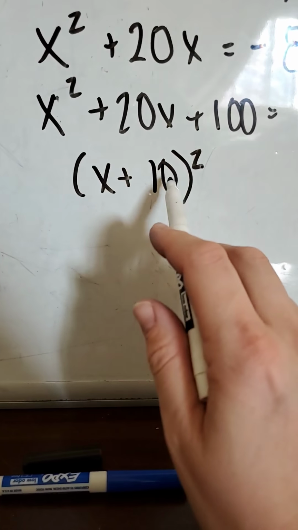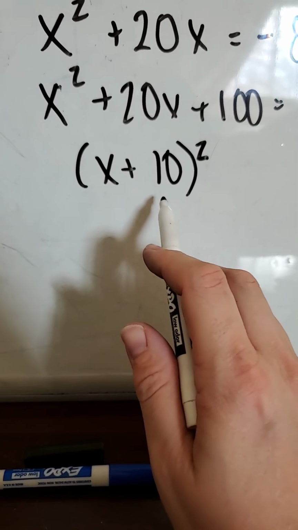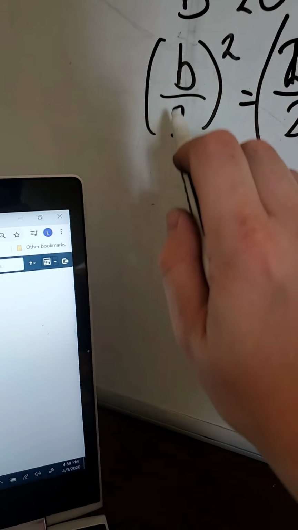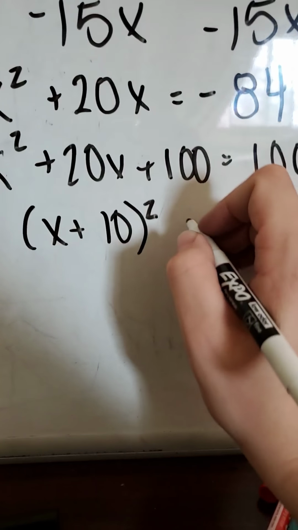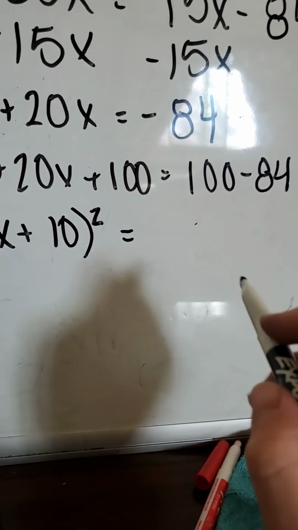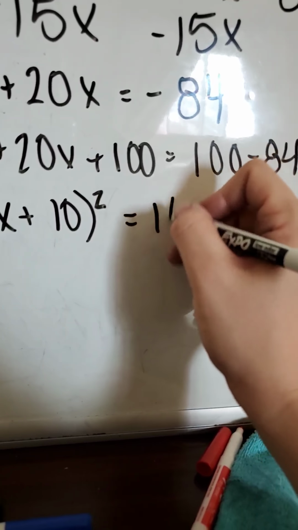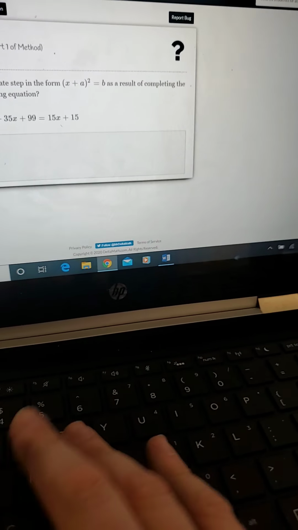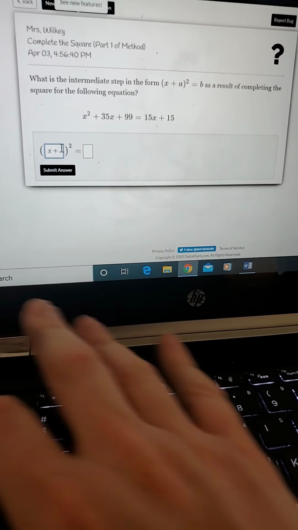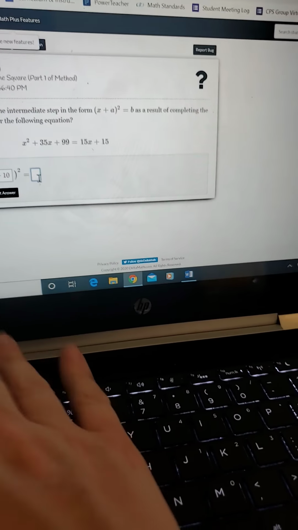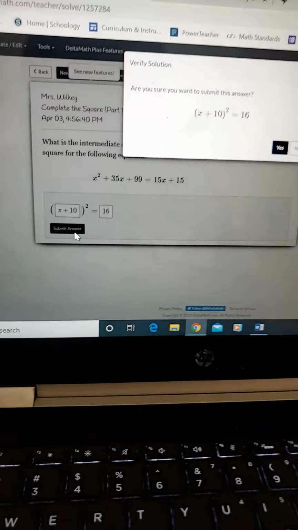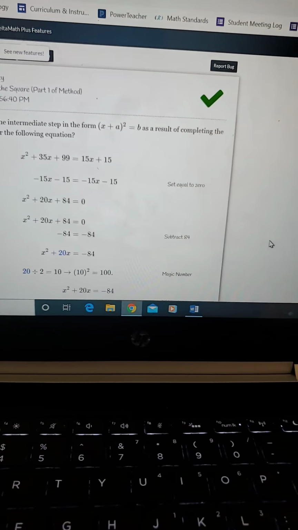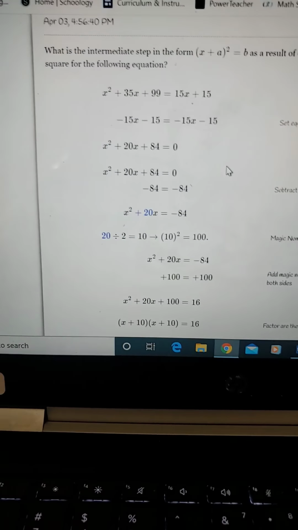The number that you put here is this b over 2 before it was squared. Equals, what is 100 minus 84? 16. Okay, so that's what it wants. It wants you to put x plus 10 on this side and 16 on this side. Submit. Done. And I think it did it the same way.